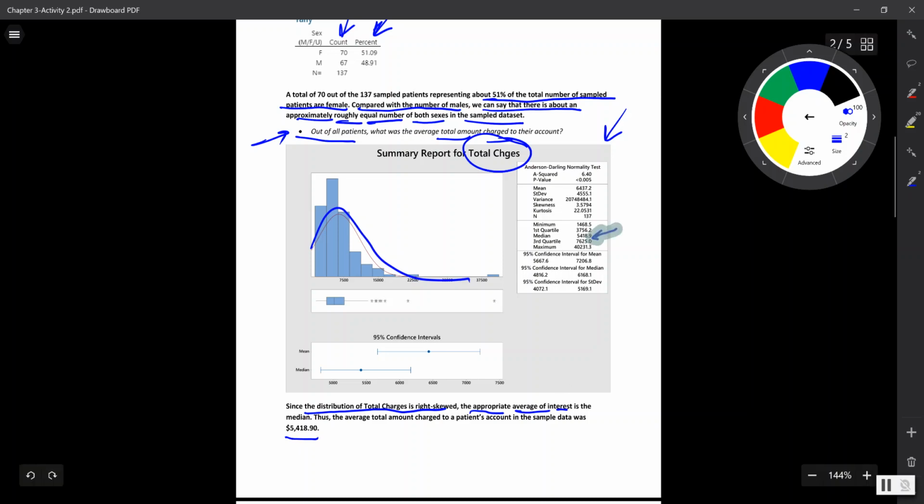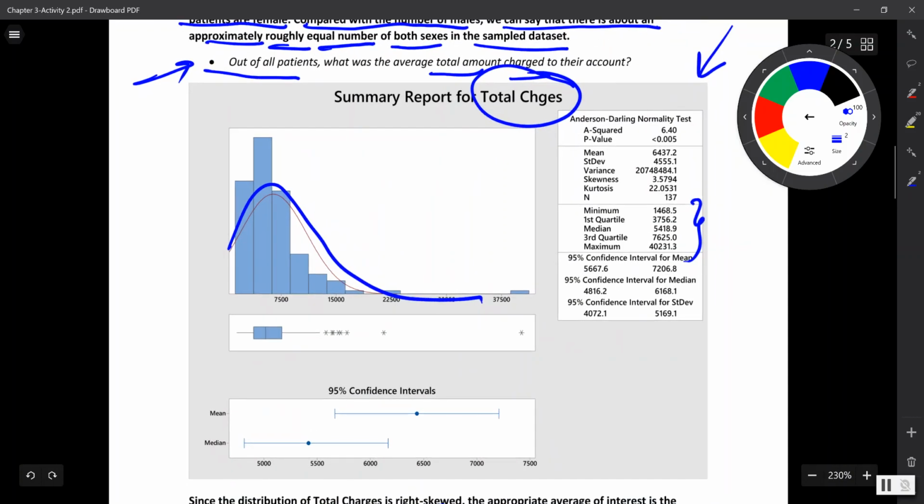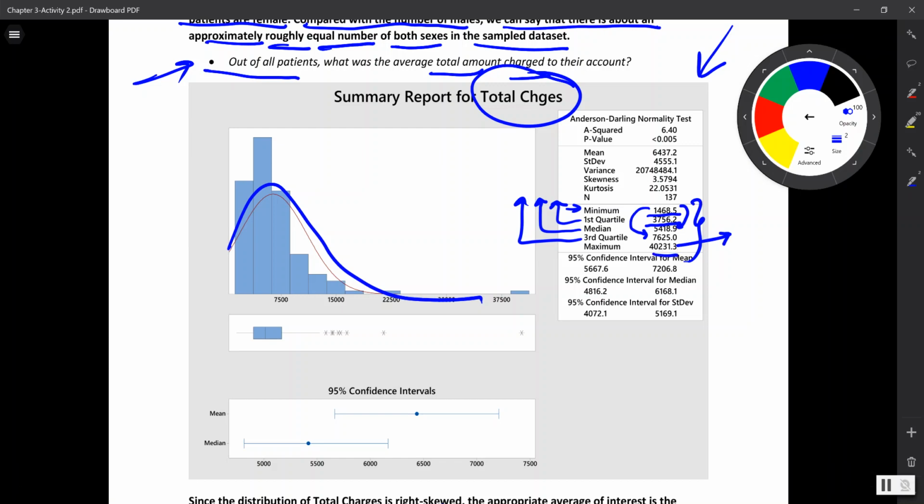Then another thing we can tell from the 5-number summary is that the minimum charge in this data set is $1,468.50, and 25% of the charges are between $1,468.50 and $3,756.20. 50% lie between this range, and 75% lie between this range. The maximum total charge in this sample data is $40,231.30.